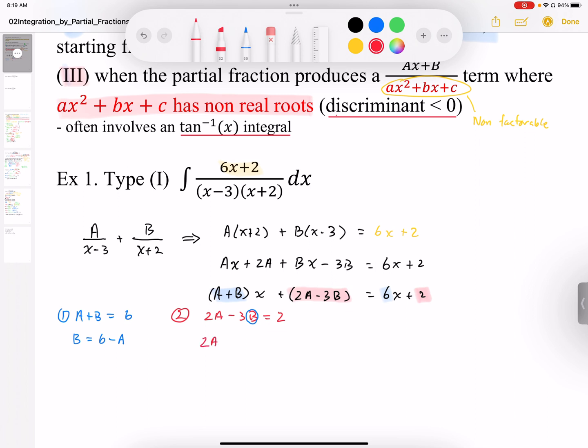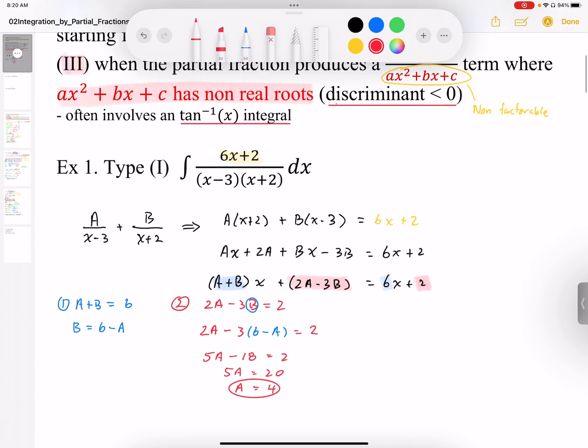So I get 2A minus 3 times, instead of B, an equivalent expression of 6 minus A, and now I have an equation where I can solve for the variable A. This becomes 2A minus 3 times negative A, which is going to be positive 3A, so I get 5A, and this becomes negative 18. I'm going to move that to the other side. So I get 5A equals 20. So I get the A coefficient equaling 4.